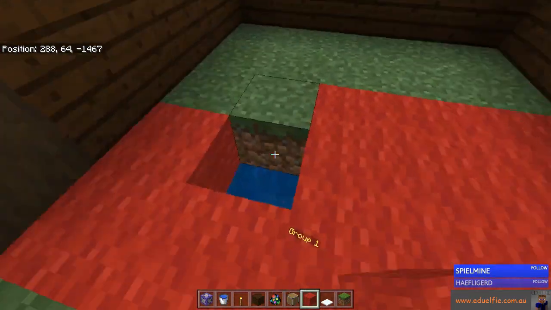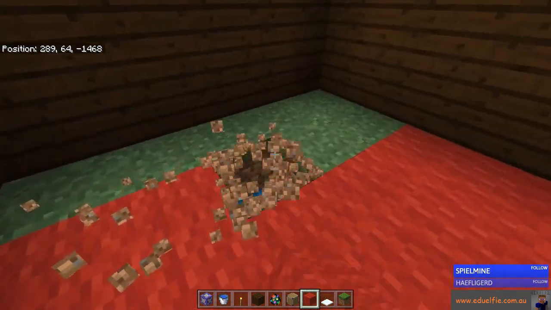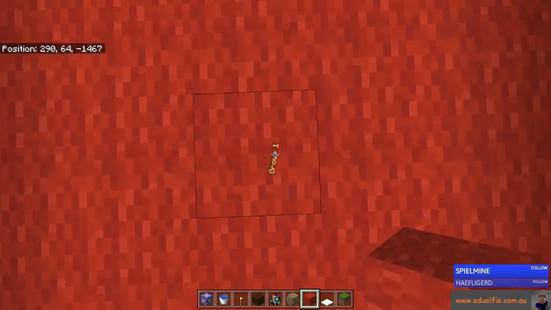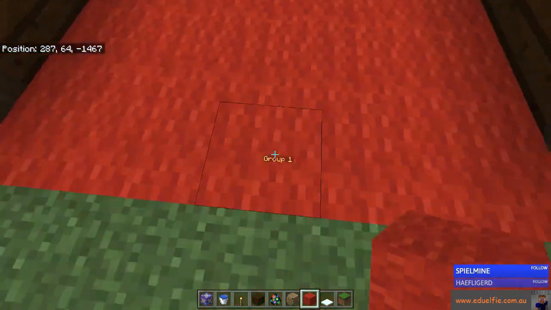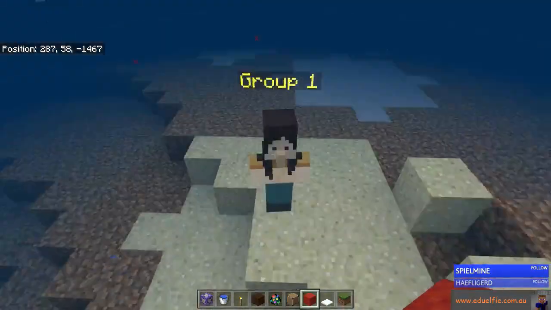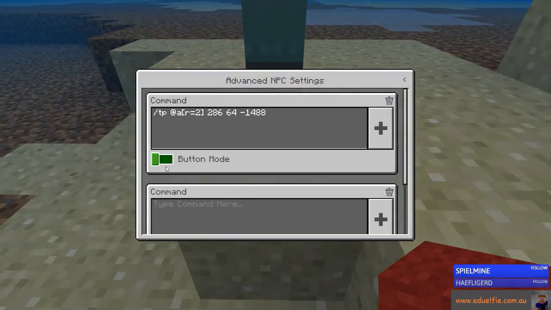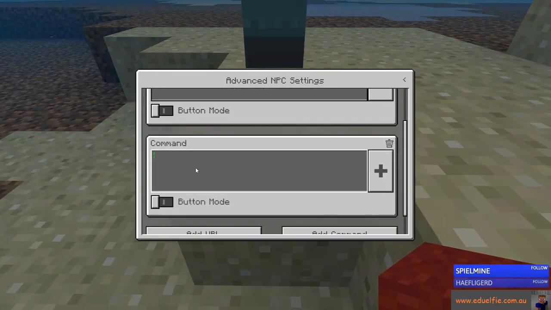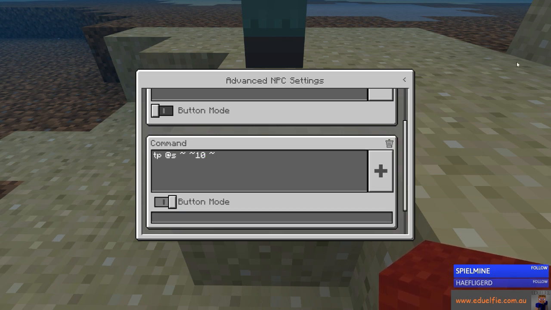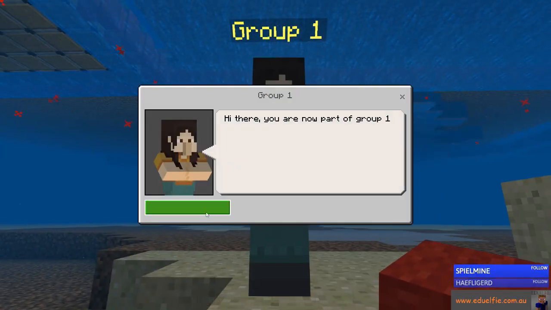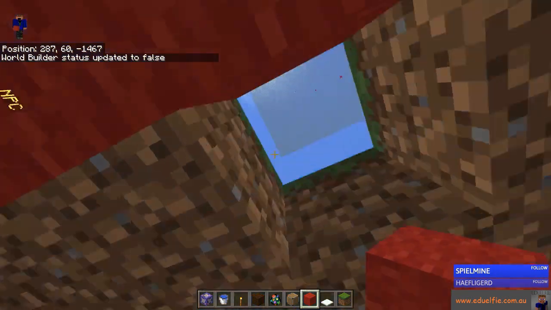Dang it. So I want them to be teleported directly up to here. And of course we all know the only way to do that is to add a command, which is tp at s tilde, let's go 10 tilde as a button, do it, and up they are.